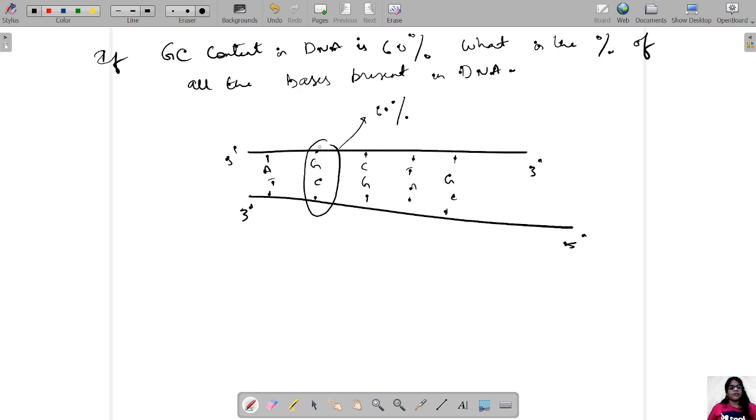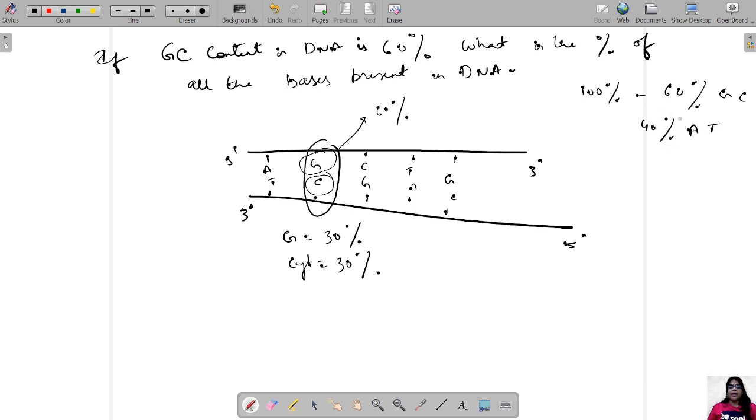So it's quite easy. All purines on one strand are equal to the pyrimidines on the other strand, right? So if G and C are 60%, guanine should be 30% and cytosine must be 30% as per Chargaff's rule. In the same way, out of 100%, if 60% is GC, the remaining 40% would be AT. And the same rule is followed again.